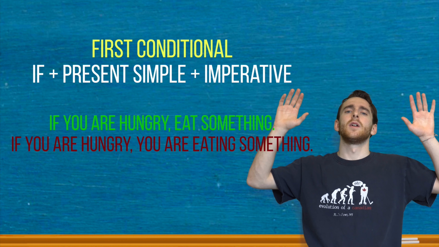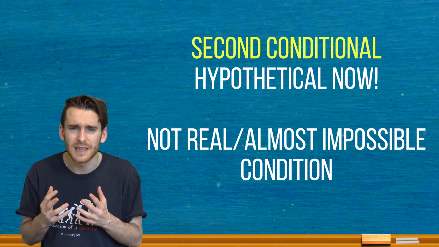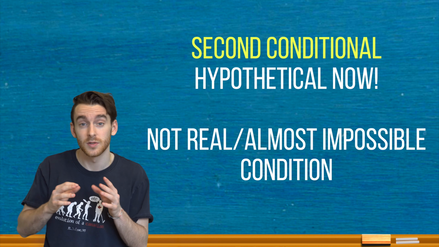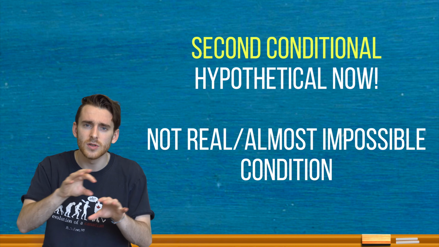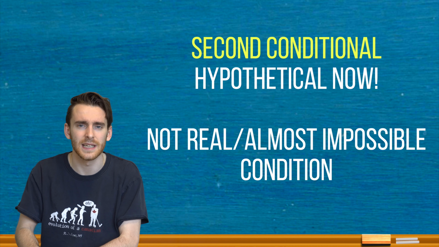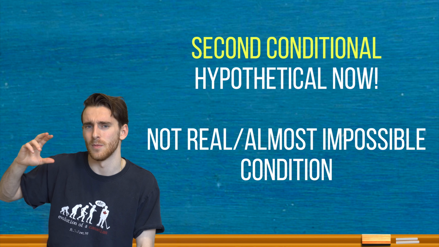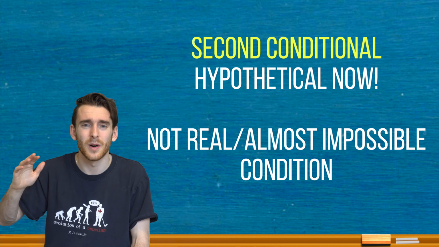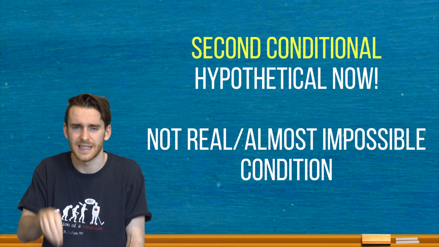Now, we've covered that. Let's move on to the second conditional, which is very, very interesting. The way I like to explain the second conditional to my students is by saying it's a hypothetical now, in the present, okay? What's a hypothetical? It's something that's almost impossible or very, very unlikely to happen, okay? A hypothetical now.